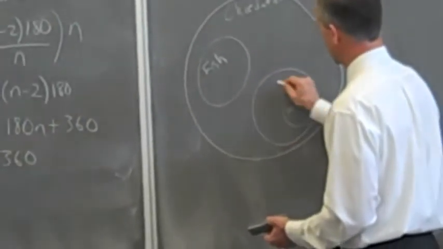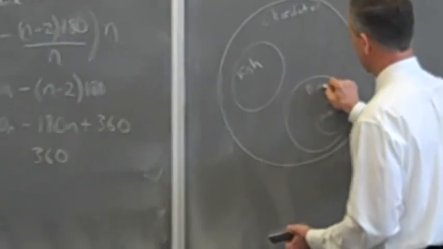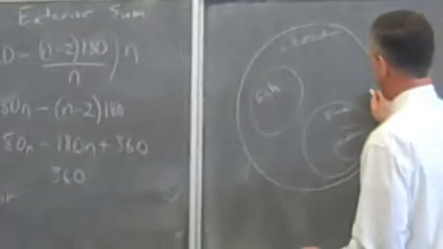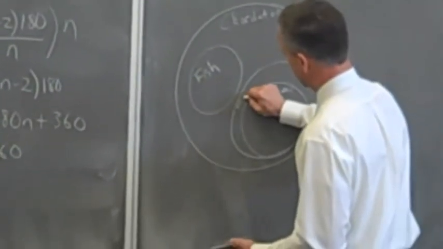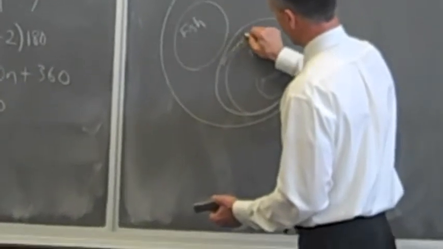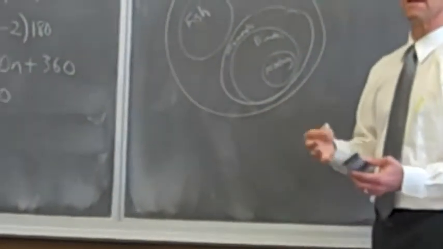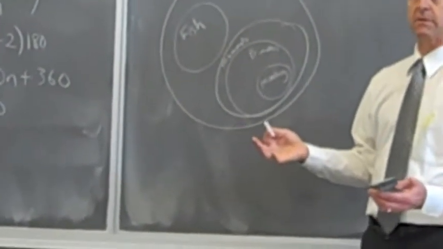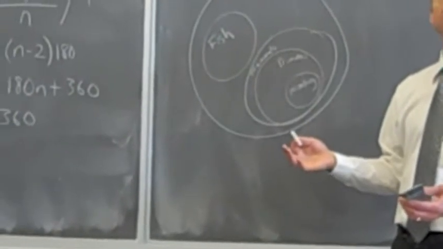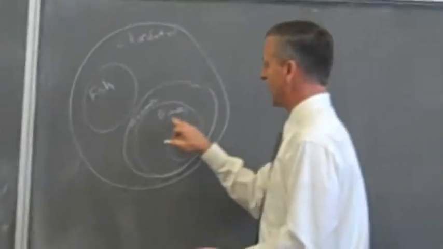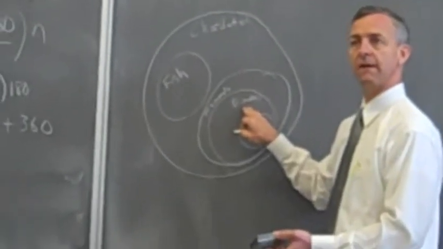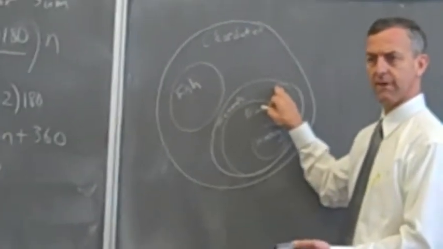Okay, so this is primates, and mammals is this one here, right? We say that primates is a subset of mammals, right? That's because you cannot find a primate that is not a mammal.